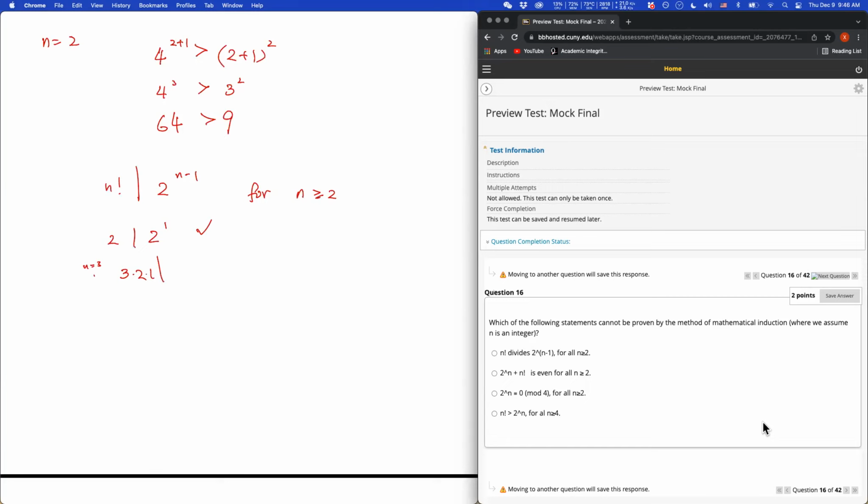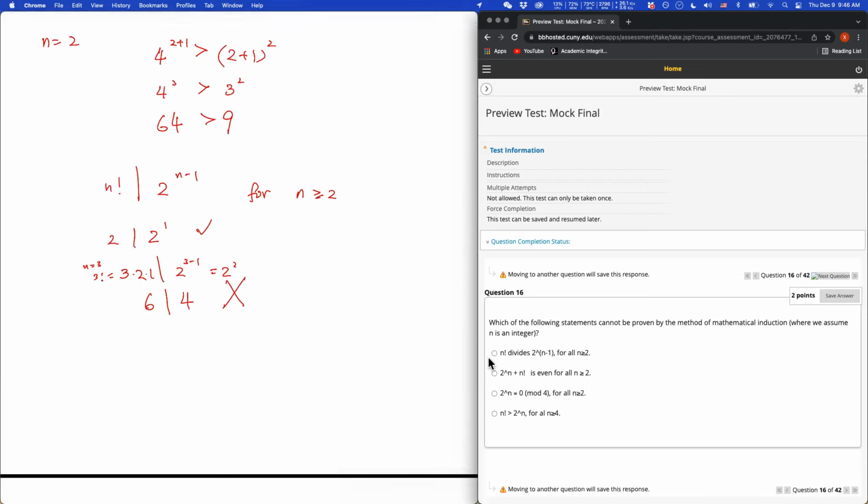And you want to show 3 factorial divides 2 to the 3 minus 1, which is 2 squared. So 3 factorial will give you 6, and 2 squared will give you 4. That's 6 divides 4. The answer will be no.